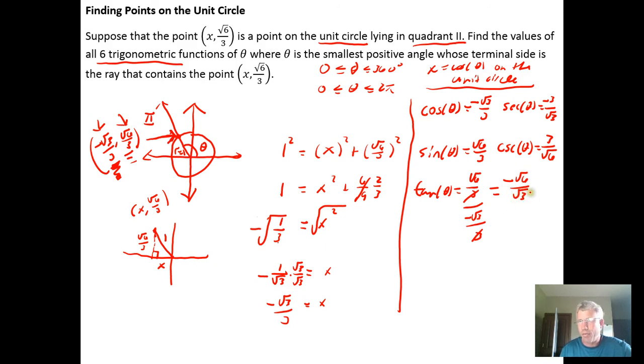Tangent of theta equals negative. We could recognize that the square root of 6 is really the square root of 3 times the square root of 2, and that would simplify to negative square root of 2. And then that would make the cotangent function the reciprocal of this, which would just be negative 1 over the square root of 2.